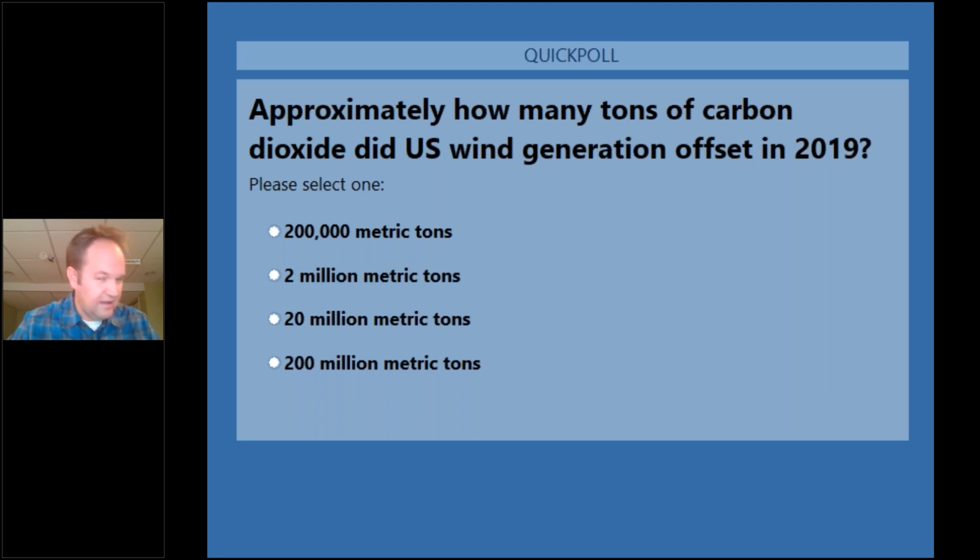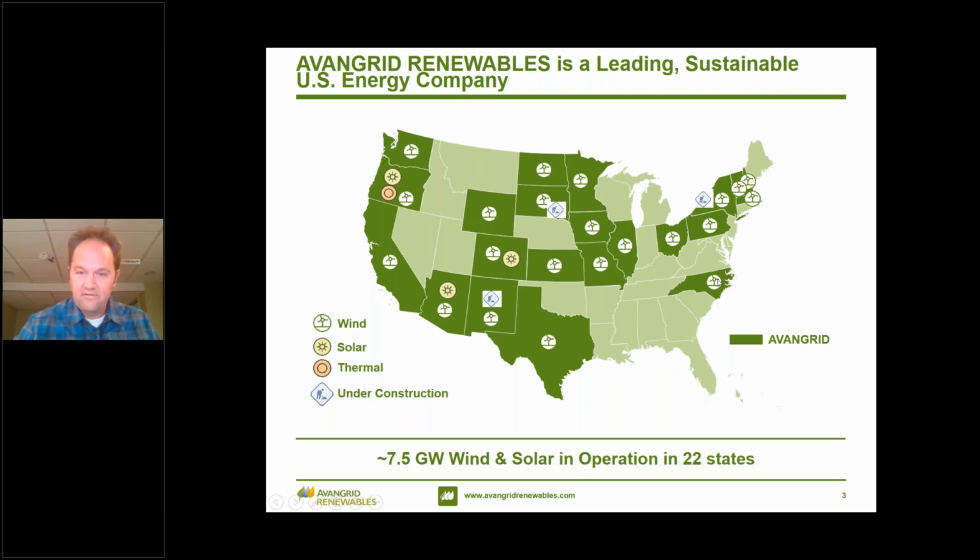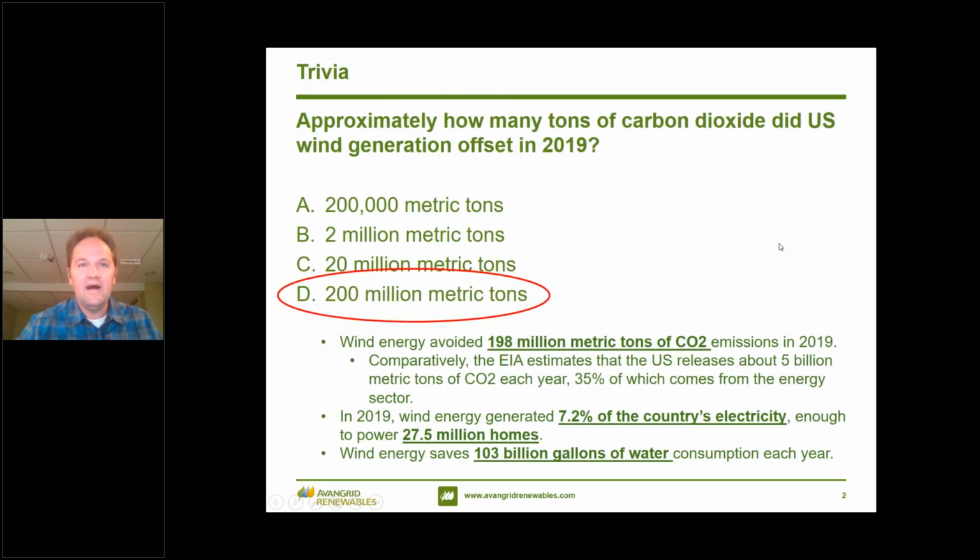I still want to know Amanda's answer on the yellow bats, but in 2019, wind offset 198 million metric tons of carbon dioxide. That's compared to 5 billion tons released each year by the U.S., and 35% of which comes from the energy industry. It also provided 7% of the country's electricity and offset the consumption of 103 billion gallons of water.